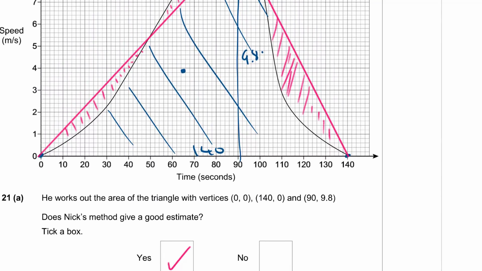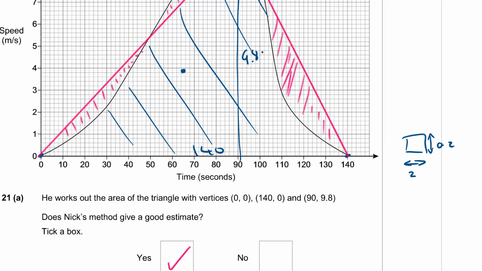So one of these squares, it's a square, but this direction on the scale is going to be 2 units, representing 2 seconds, and this unit on the scale is 0.2 of a meter per second.